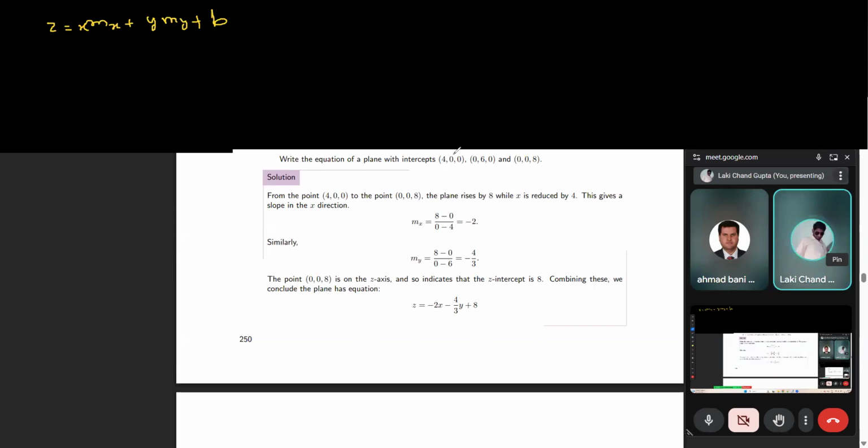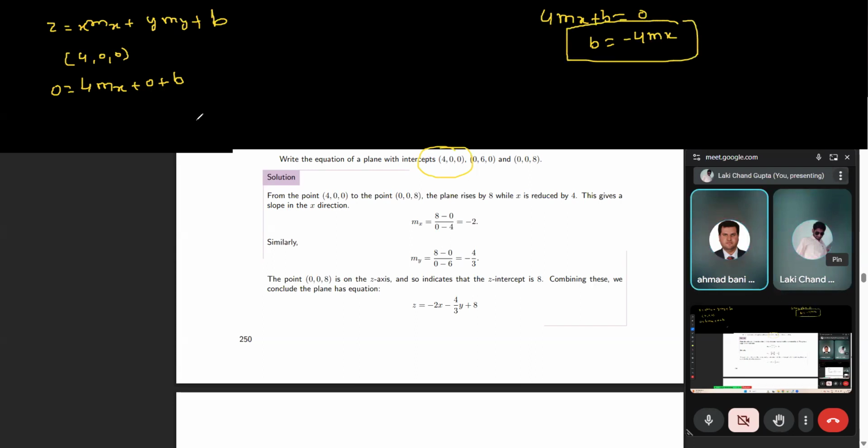So what is the first point? 4, 0, 0. Put the value of z is equal to 0, x is equal to 4, y is 0, b. Right? So here you get a relation 4mx plus b is equal to 0. So you can write b is equal to what?